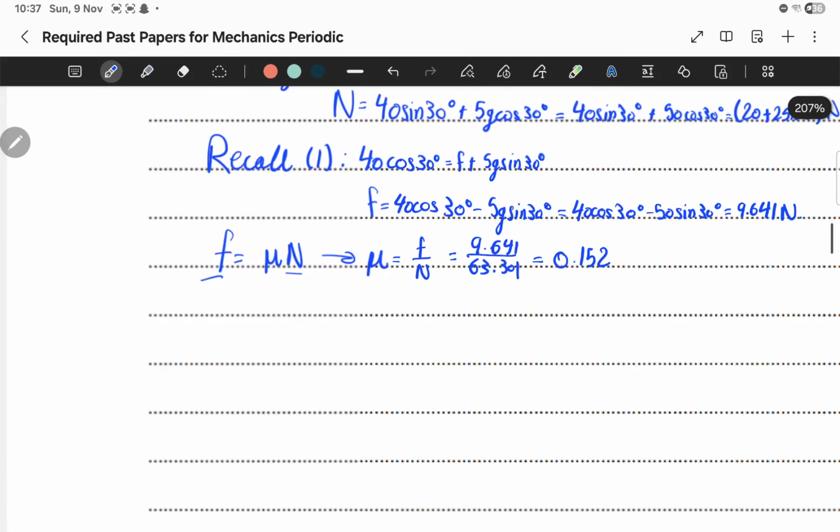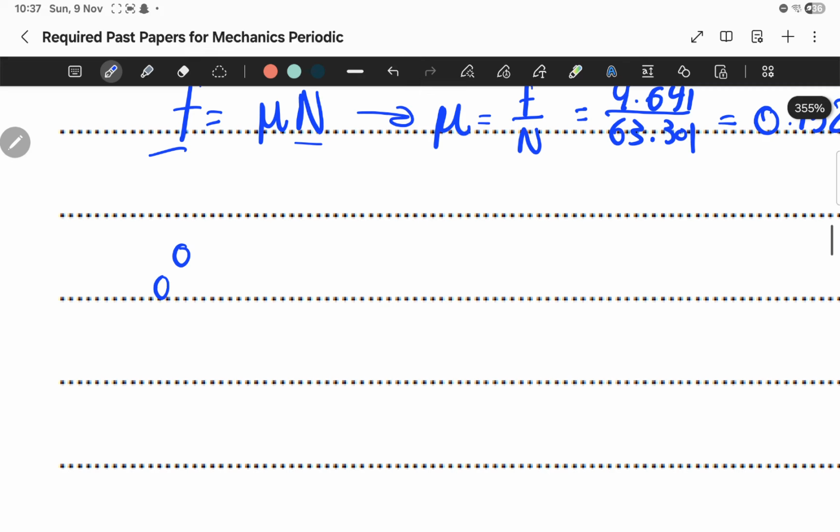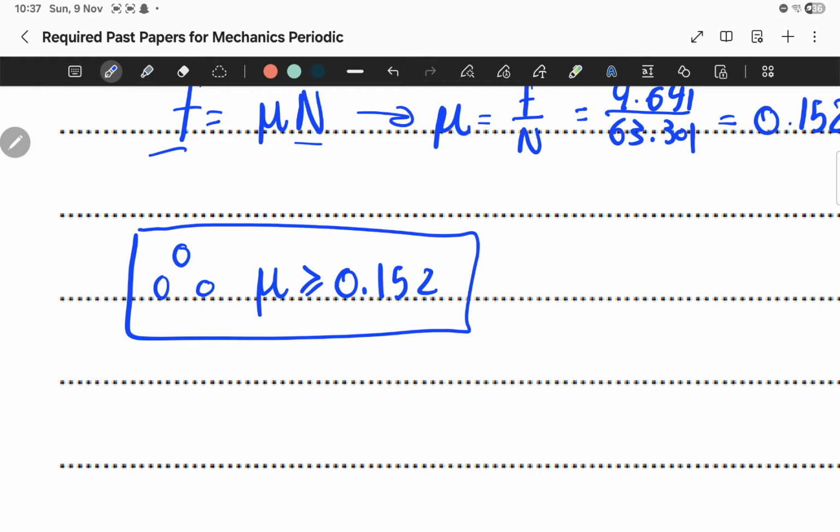Okay, so this is obviously the least possible value. So we can say therefore mu is greater than or equal to, since they want the least possible value, 0.152. And this is my final answer.